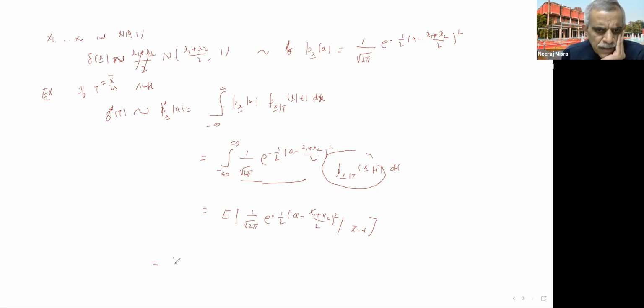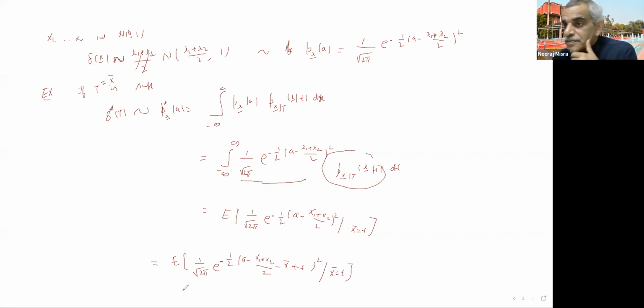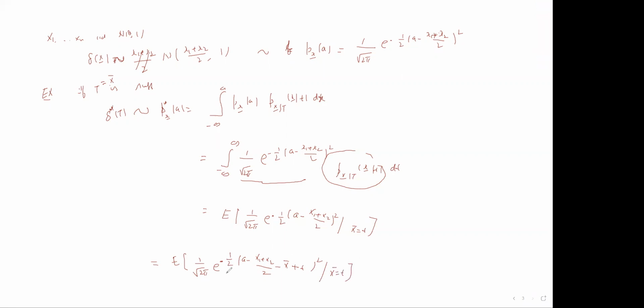So what I do is I write this as the expected value of 1 by root 2 pi e to the power minus half a minus x1 plus x2 by 2 minus x bar, plus t, because x bar is the same as t, so I have added and subtracted, whole square, given x bar is equal to t. Is that okay up to this point? Yes, sir.